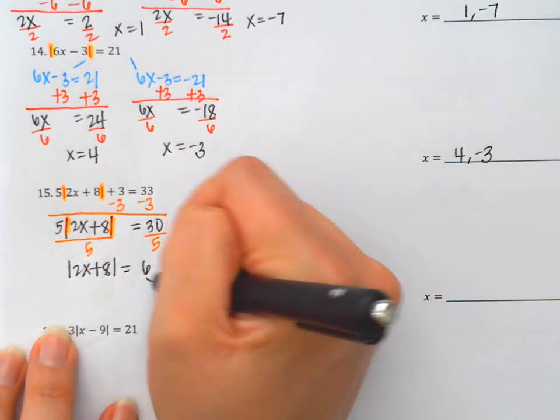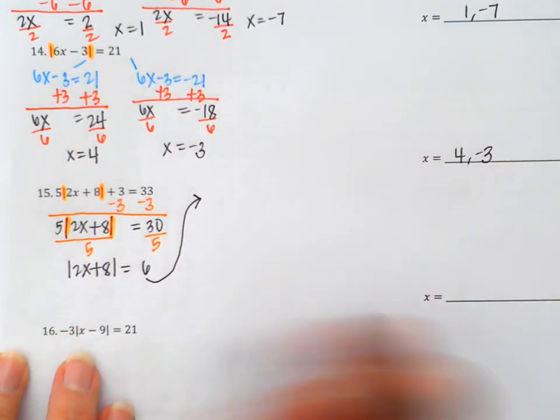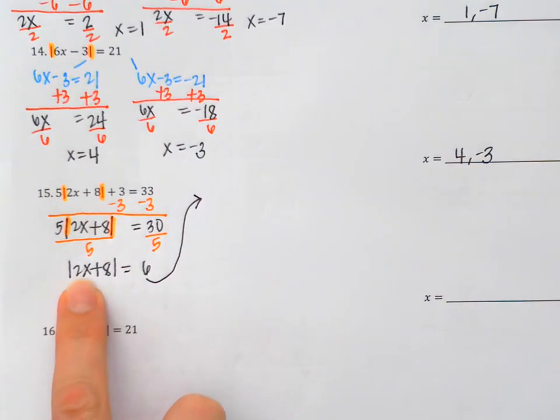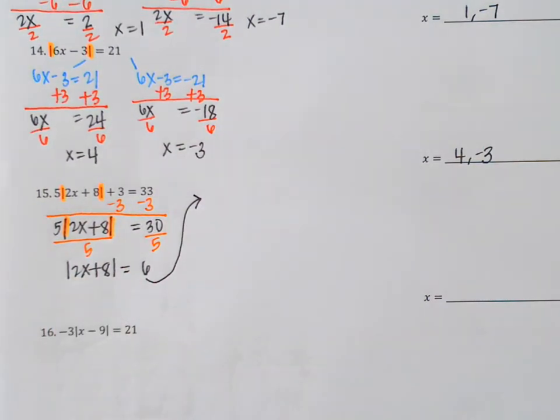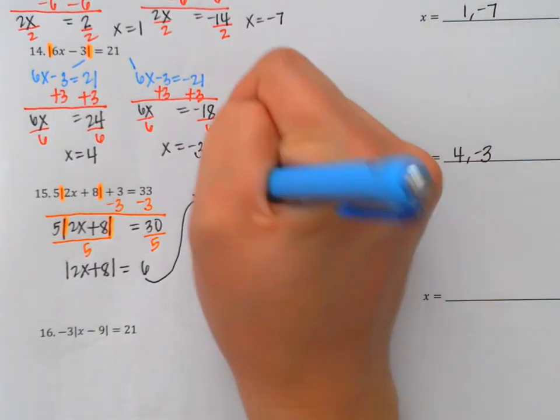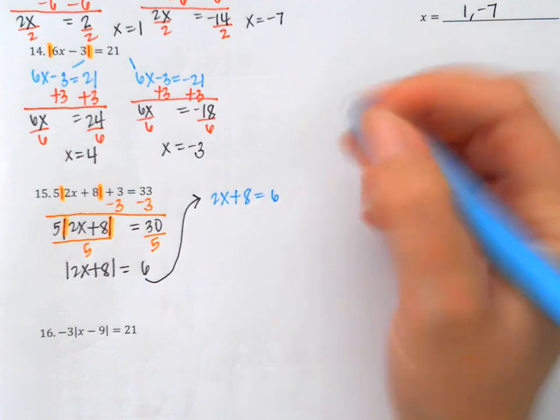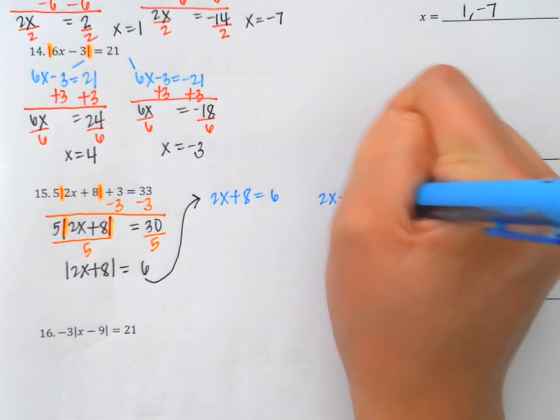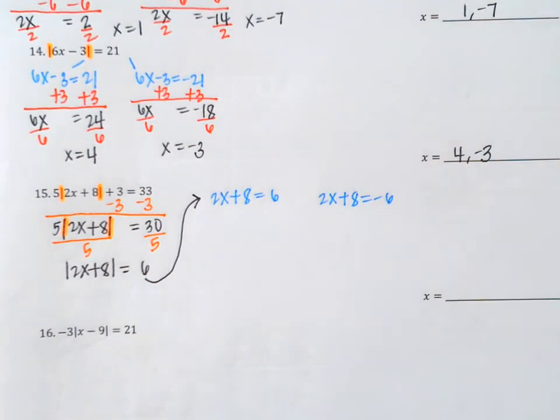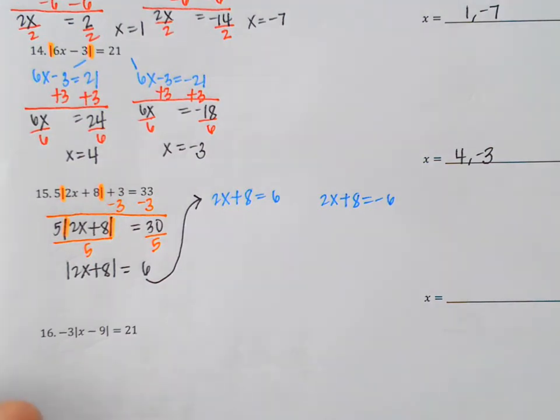Now I'm going to continue the problem over here because now that the absolute value expression is isolated, I can start to split it into 2. So that would be 2x plus 8 equals positive 6, and 2x plus 8 equals negative 6. And then we just continue to solve.